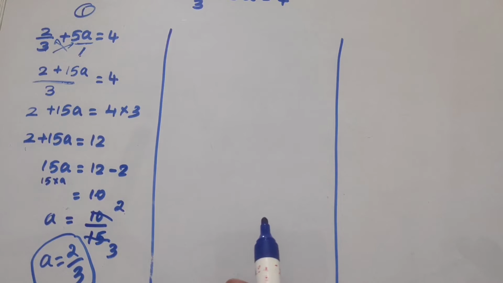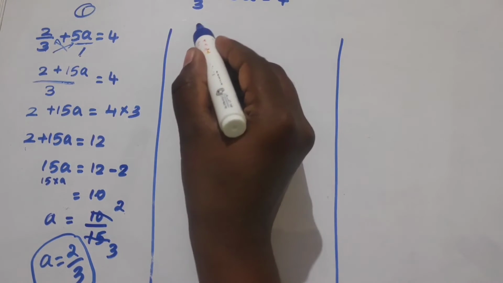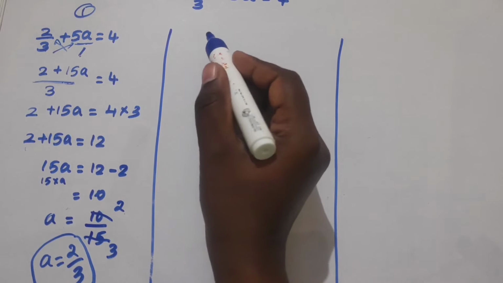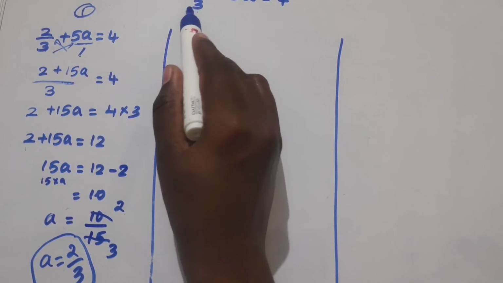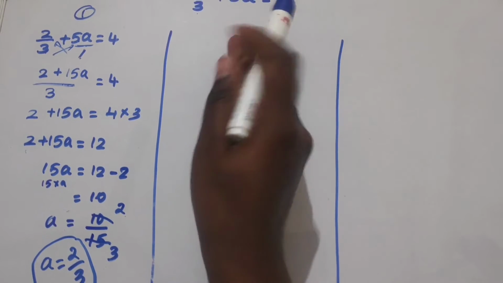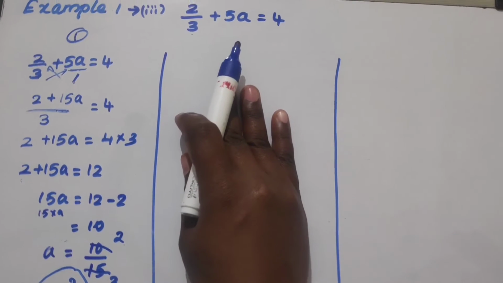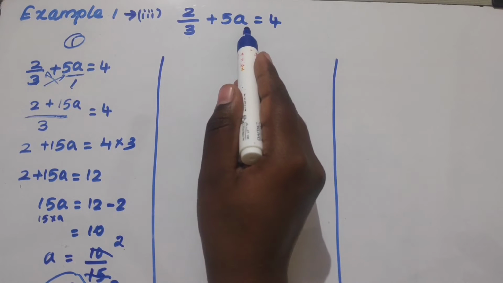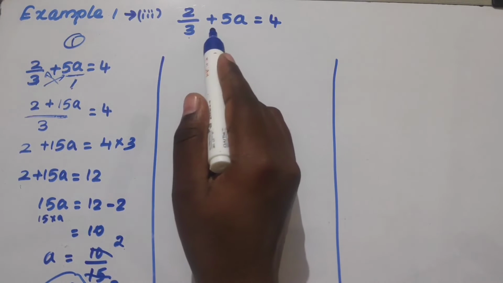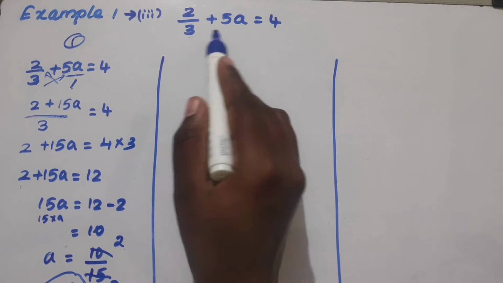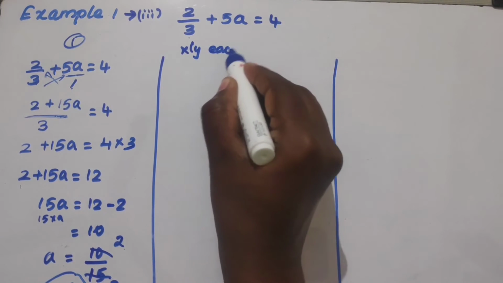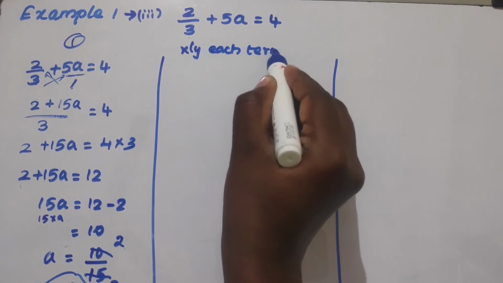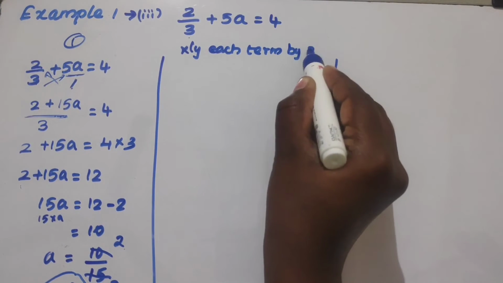Then see second method. In the second method, first you should multiply by this 3. Multiply each and every term by 3. The question is 2 by 3 plus 5a equal to 4. Multiply each term by 3.